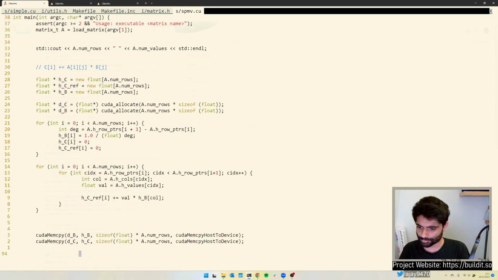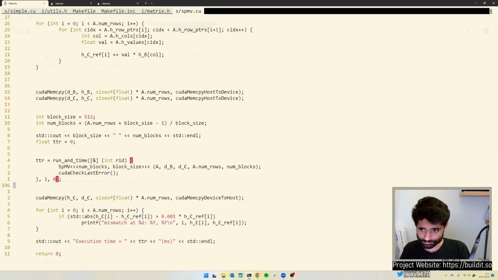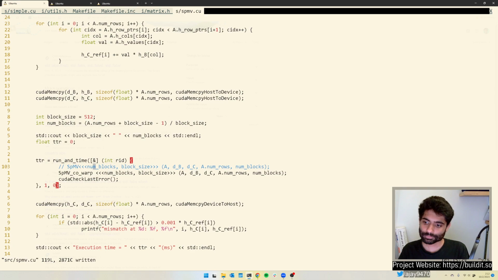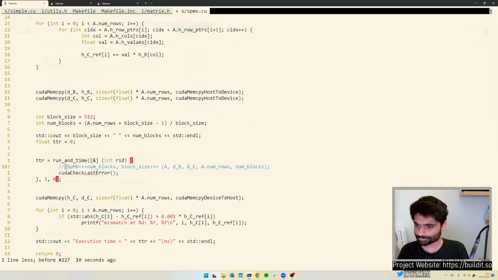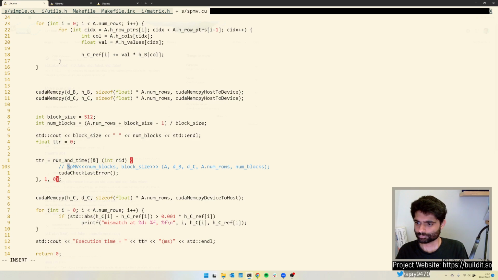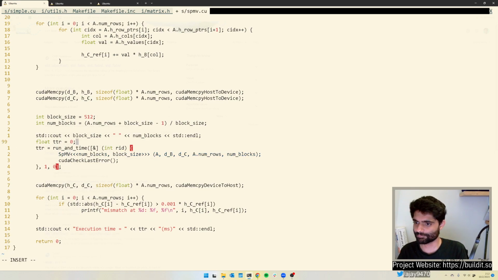The only change we have to do now is, actually no, I'm going to remove this. I'm going to call the co-warp kernel. We need to compute the number of rows and number of blocks again.